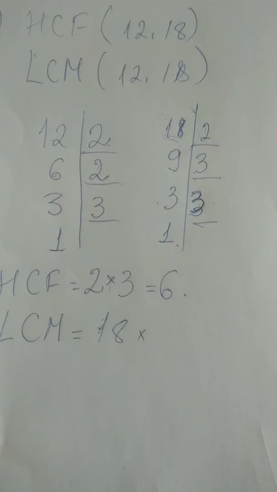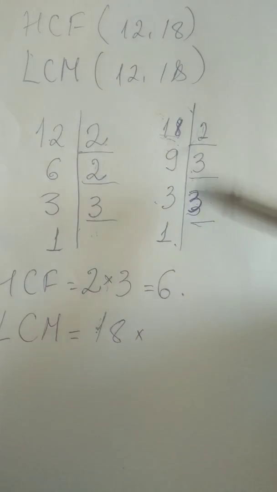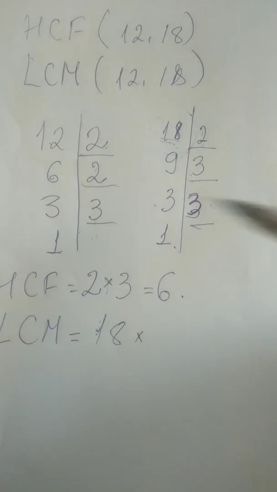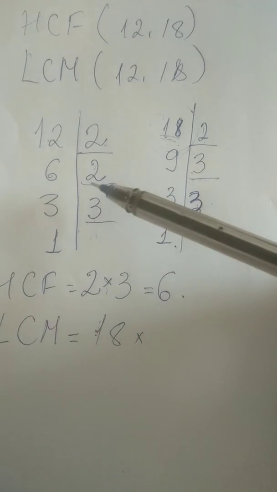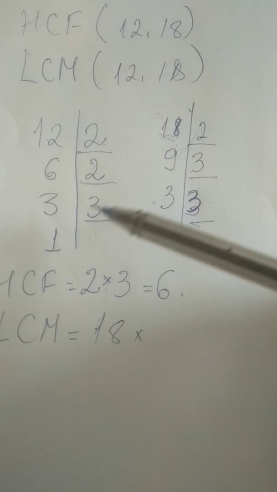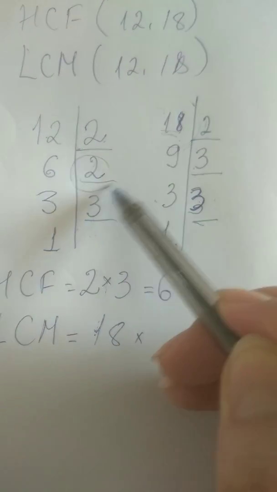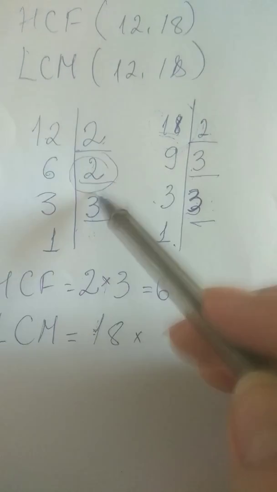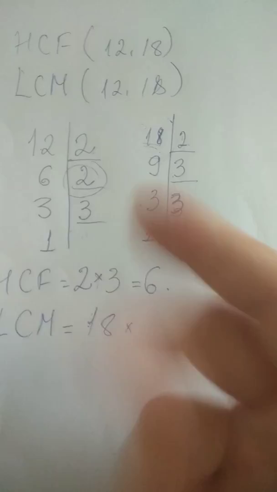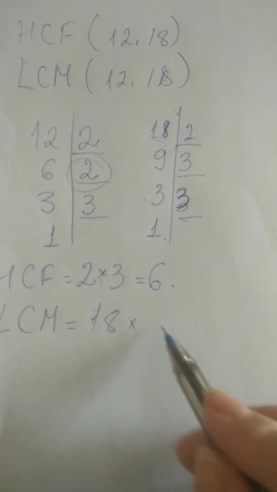Which factors are different from 18's factors? Look at here. For the first 2, we have 2. Then for the second 2, we have 3. For 3, we have 3 here. So we have one more 2, because here we have one 2, but there we have two 2s. That's why we should multiply by 2.